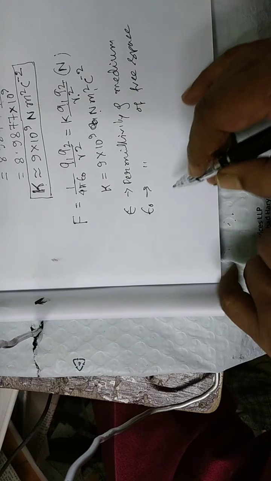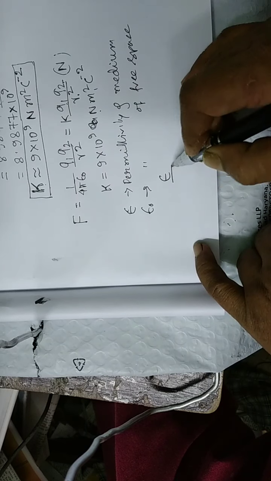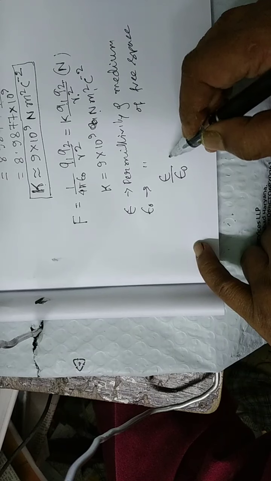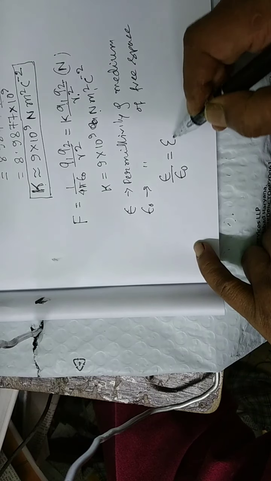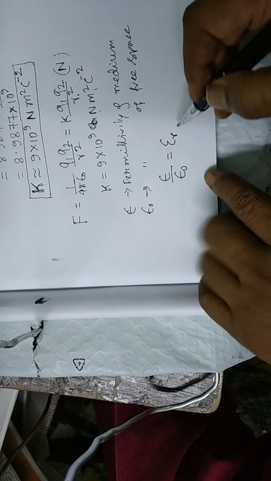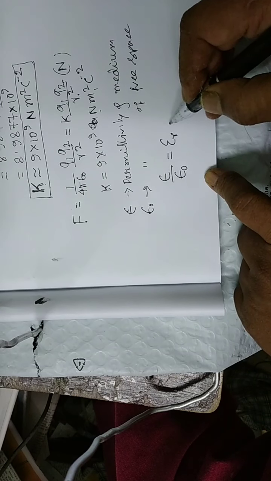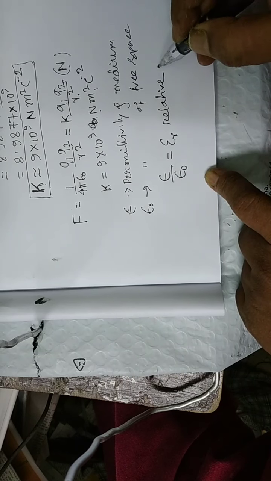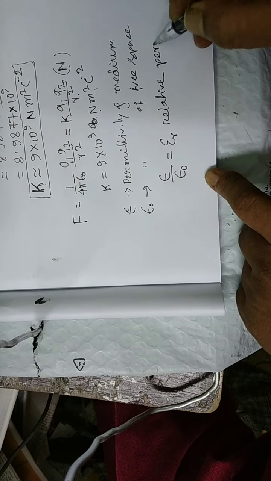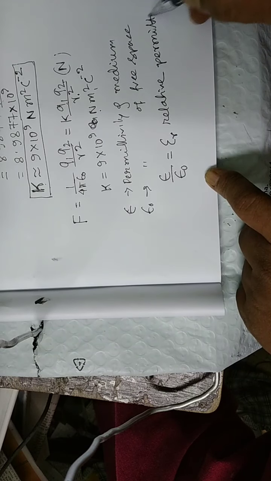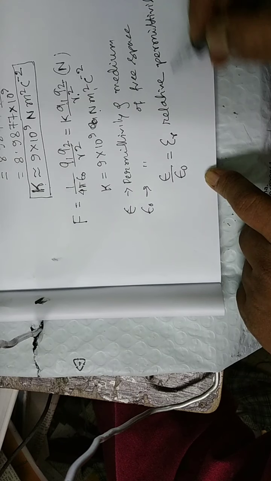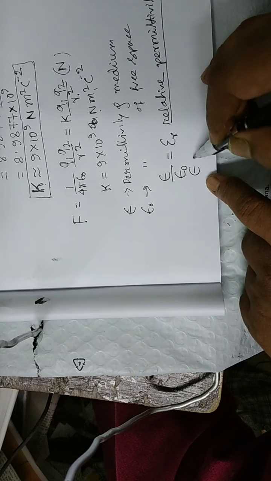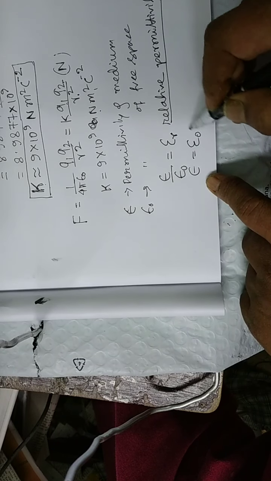So if we divide epsilon by epsilon naught, we get a value which is unitless. This is known as relative permittivity, or we can say epsilon equal to epsilon naught epsilon r.